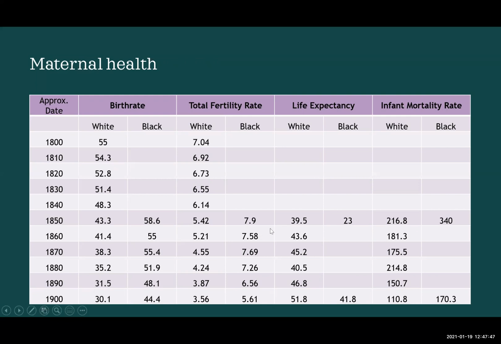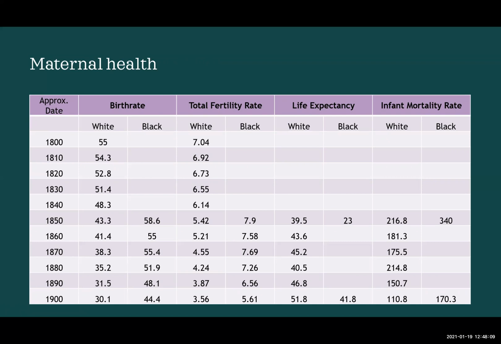However, when you move over to life expectancy, we're still seeing life expectancy not as high among African Americans as it is among white people. And we still have this discrepancy.